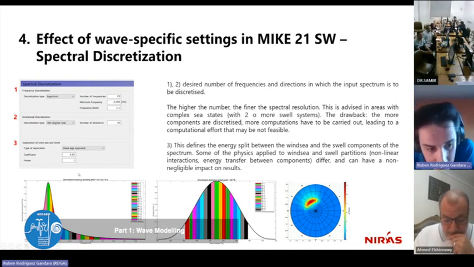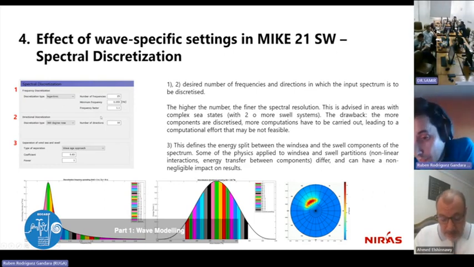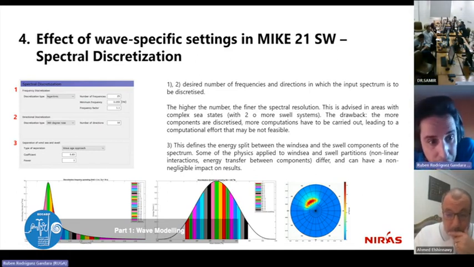So this is the spectrum that you see in the lower left image. As a default, you have 25 frequencies, and the minimum frequency is 0.055.